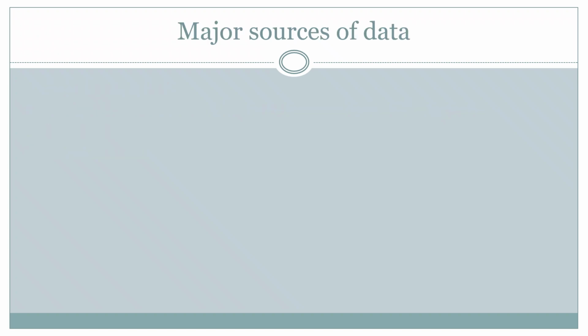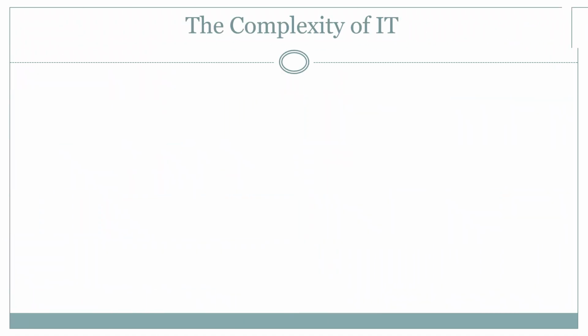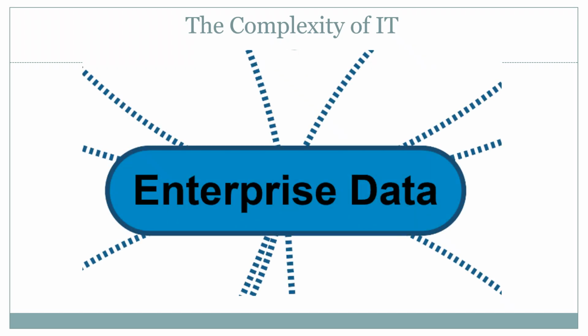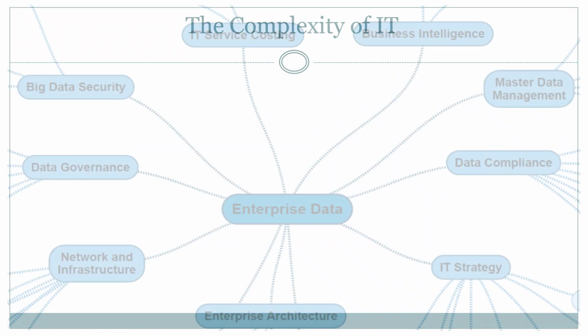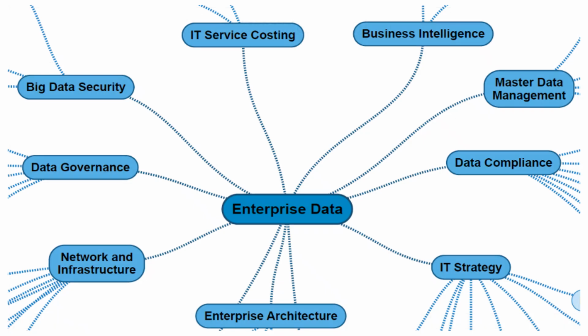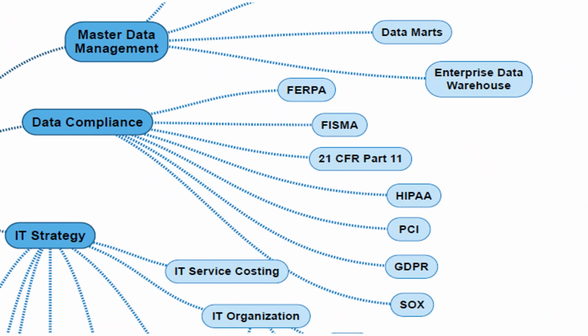So major sources of data. Within any organization, you have multiple data sources that come in. You have enterprise data, which deals with all these different topics, whether it be architecture, strategy, data compliance, master data management, business intelligence, and then it goes on.